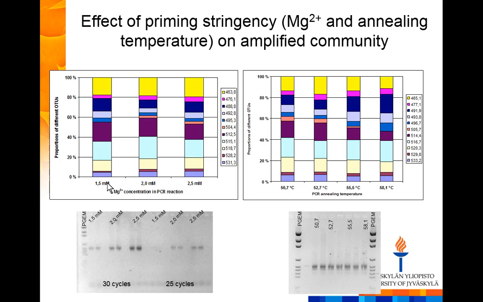So what you see here is that when you have less stringent annealing conditions, so either a higher magnesium chloride concentration or a lower PCR annealing temperature, you recover this whole new group here that you don't see in the more stringent conditions at all.